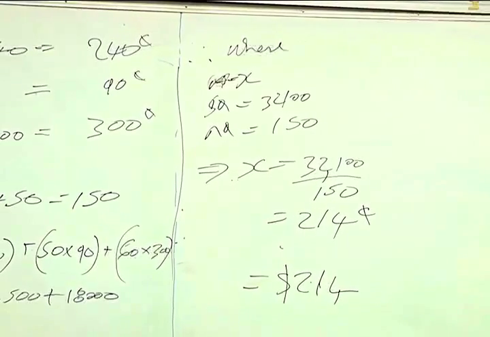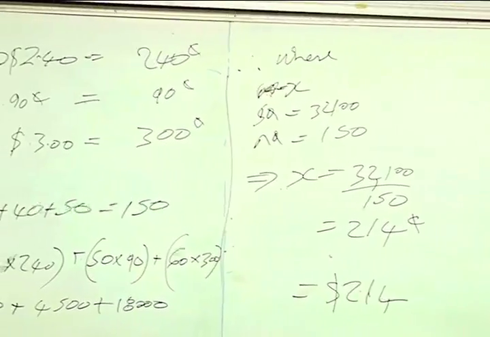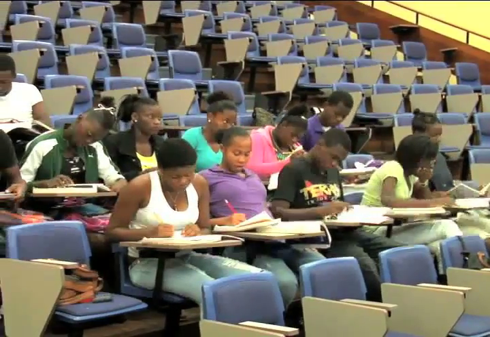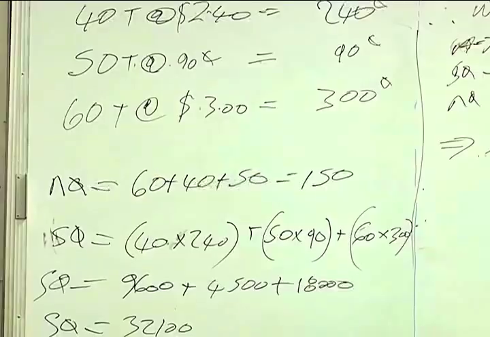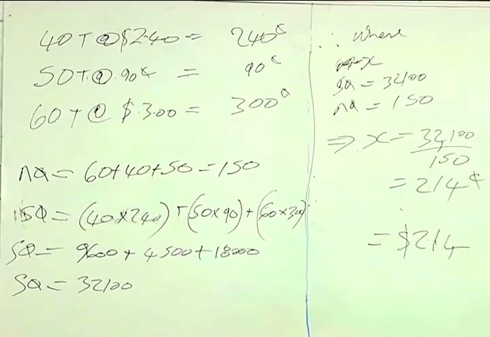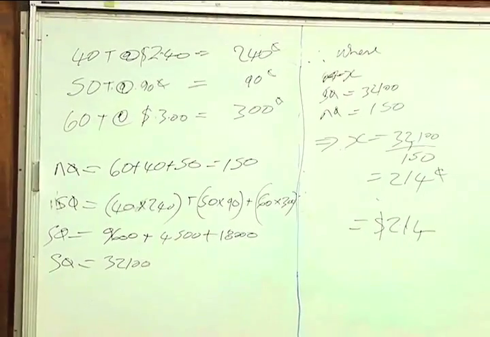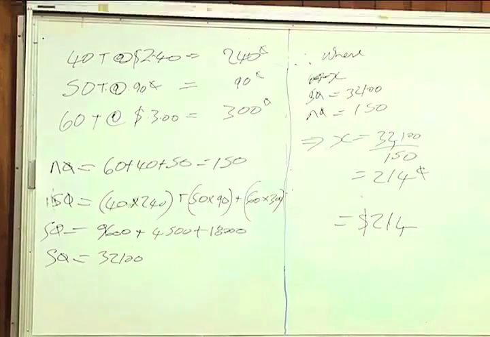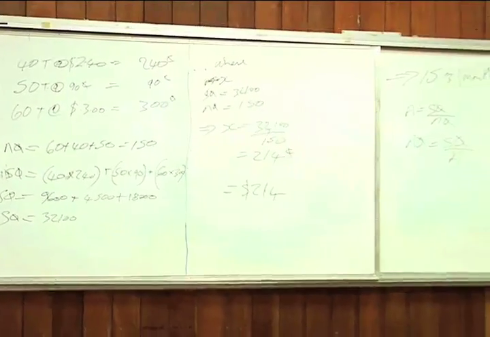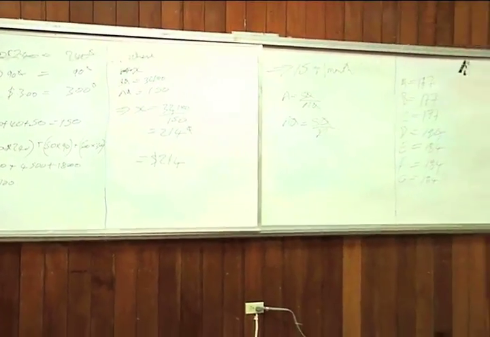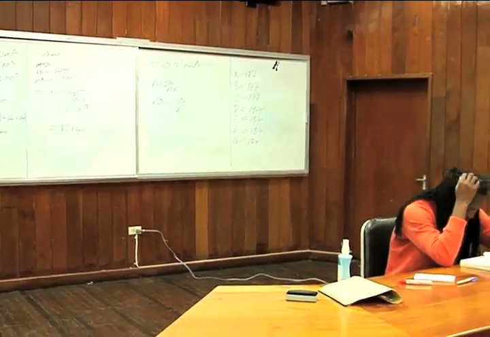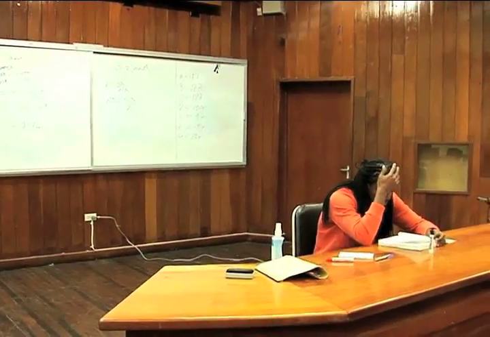Now, example 2. A car travels a total distance of 200 kilometers in 4 hours. What is the average speed?